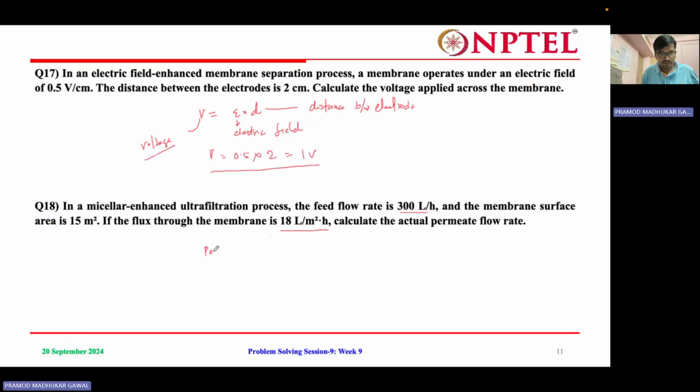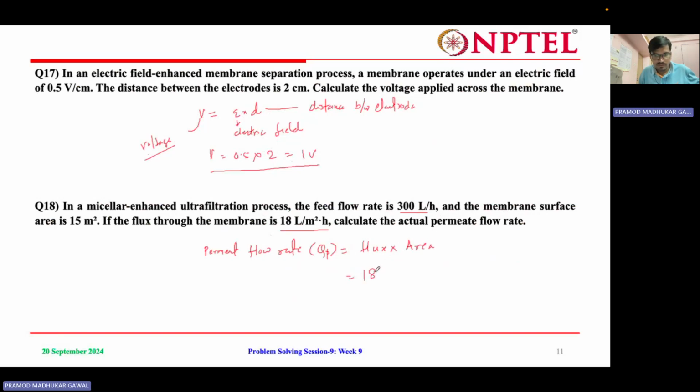So to calculate the permeate flow rate, QP is flux into area, right?